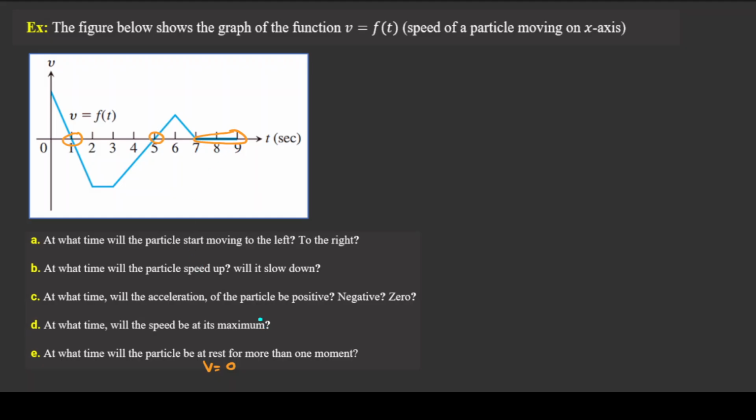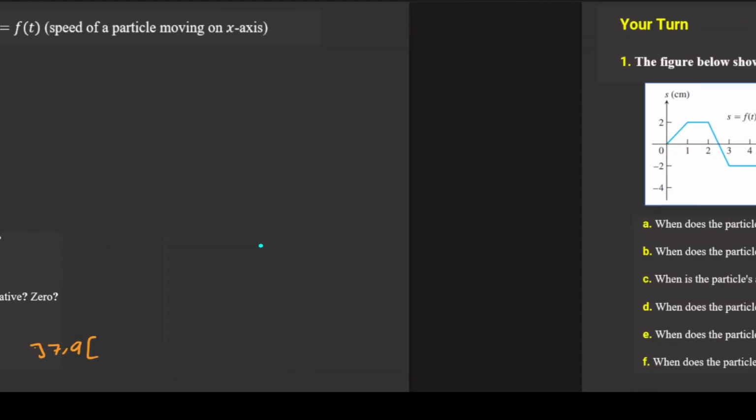But since it says more than one moment, a single instant where the particle only changes direction does not count. The answer is from 7 to 9, where velocity is 0 for more than one moment.